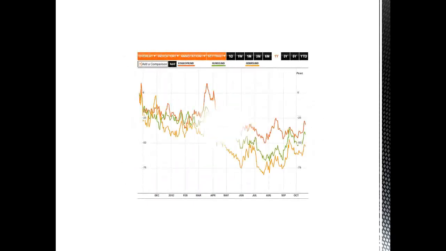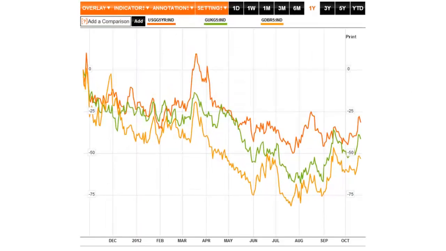So what does that look like in the yields? What we're looking at is a bond yield triad, specifically the 5-year U.S. Treasury T-note, the UK 5-year bond yield, and the German 5-year bond yield. How I got this chart: I went to Bloomberg.com.